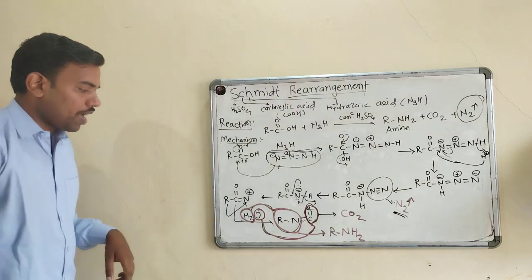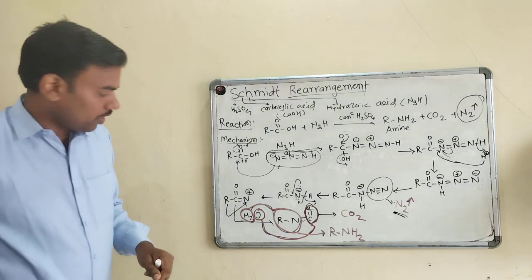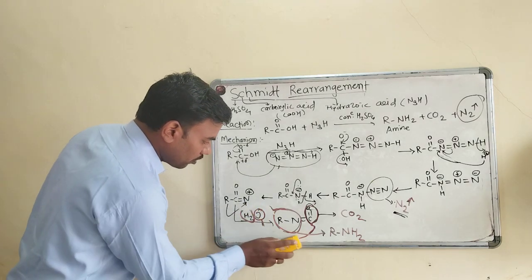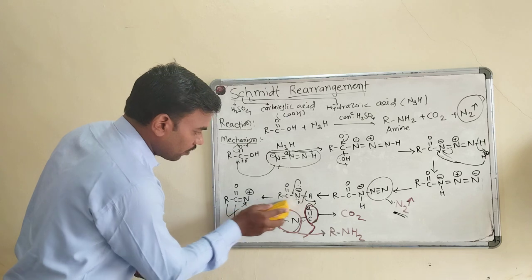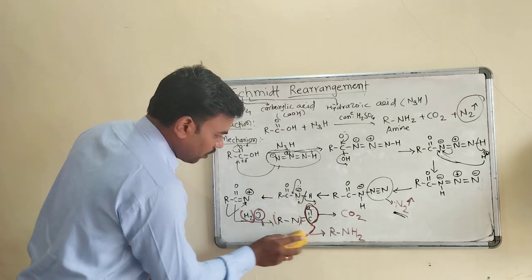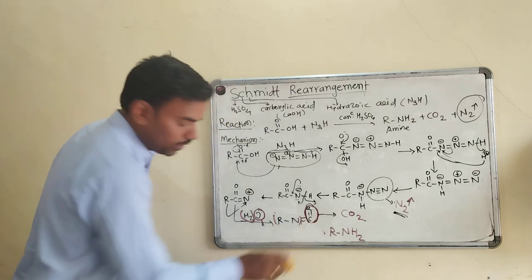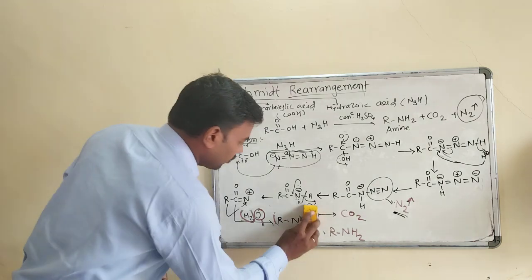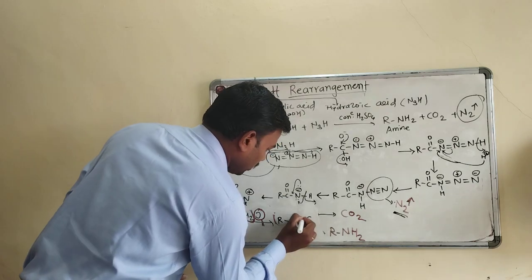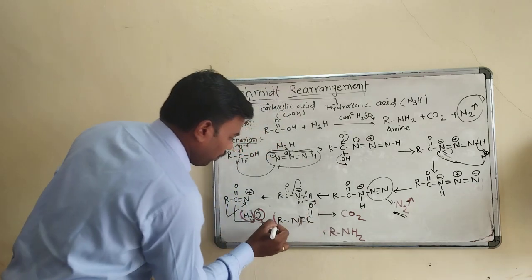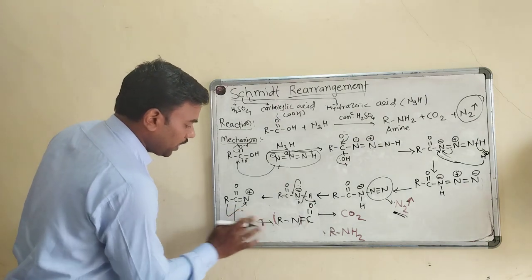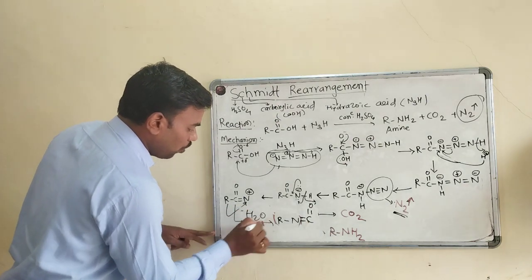So what will further happen? Just I will rub so that you will get a clear idea. See, this is our C double bond O. We can write here H2O.